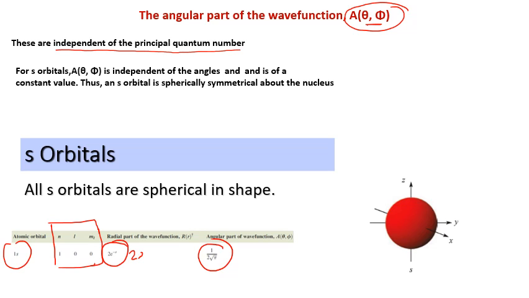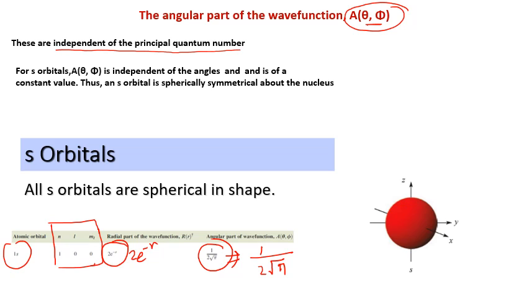The angular part is nothing but a constant value. So for any s orbital, the angular part of the wave function is a constant value, independent of any principal quantum number or any theta and phi.